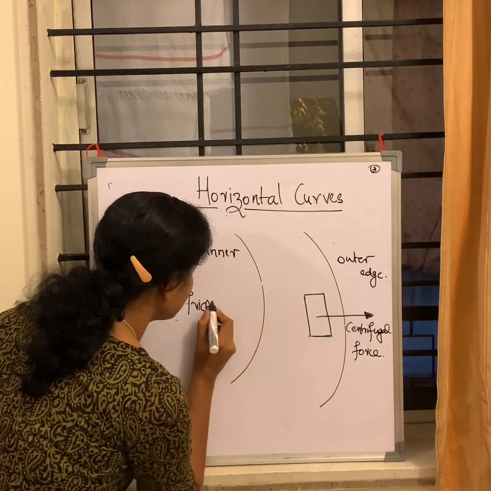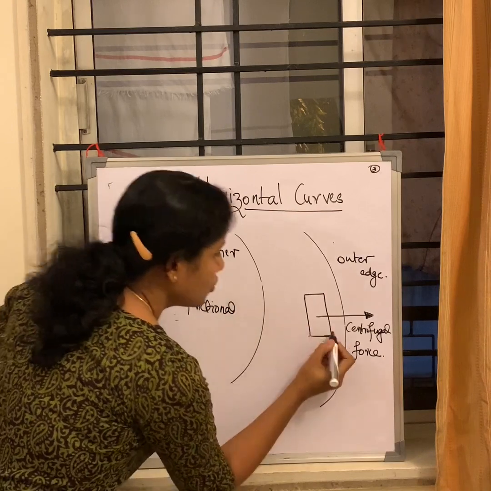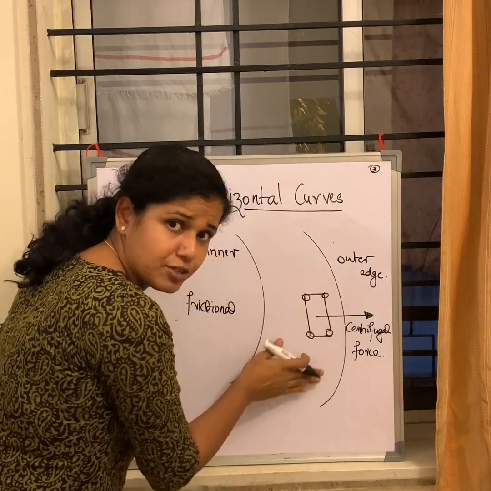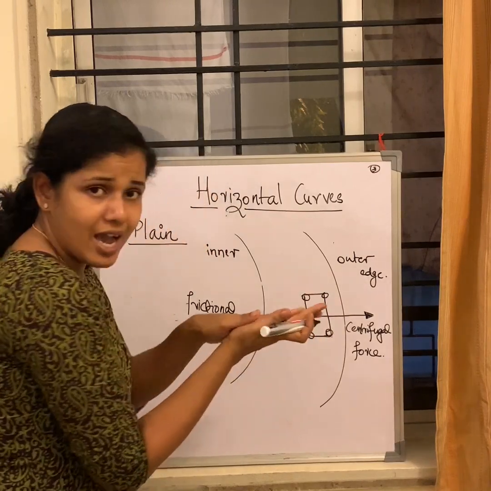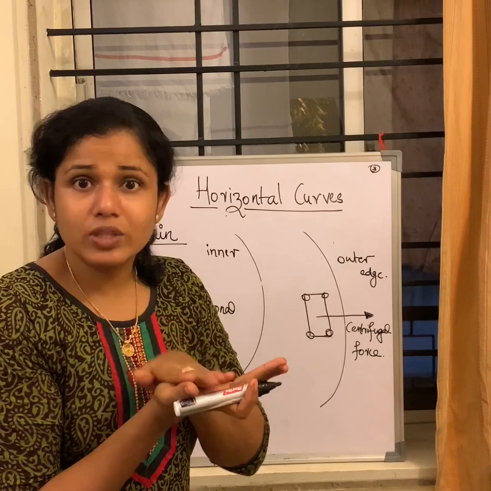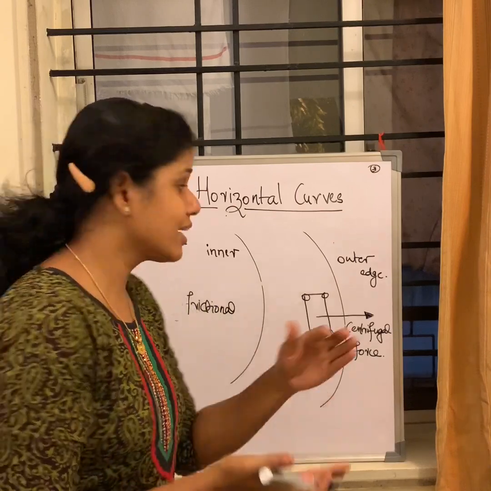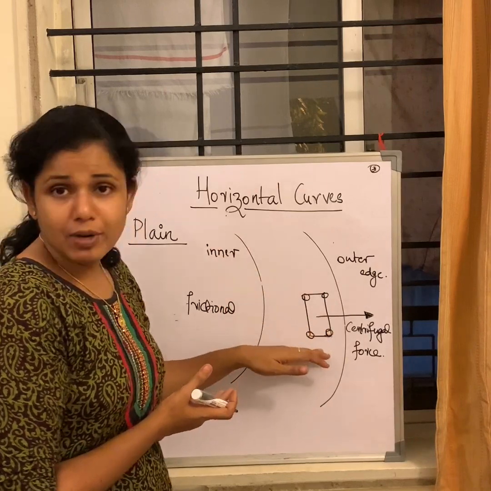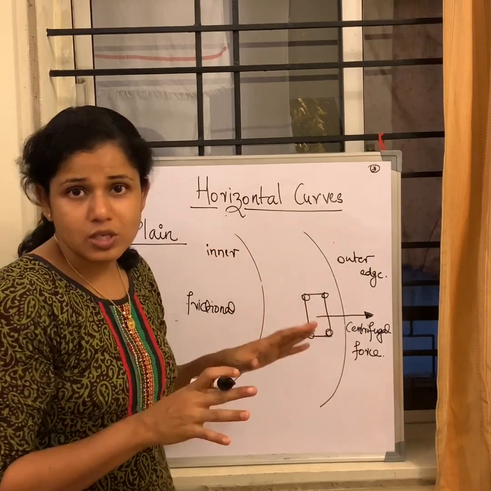So how is this frictional force developing? Your vehicle tire and your road surface, the pavement, there is a rubbing action between the tire of your vehicle and the pavement surface. So that frictional force acts as a resistance and it will try to maintain the stability of the vehicle. So this is what is going to happen.